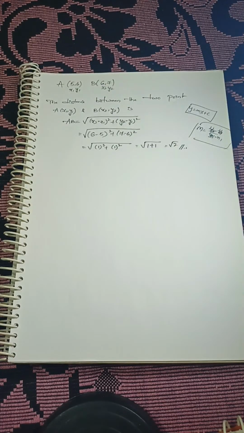Now we'll go further. Still two more formulas are there. Let me write two more formulas which are given in the question. So that is called the area of a rhombus, and how to find out whether the points form a parallelogram.